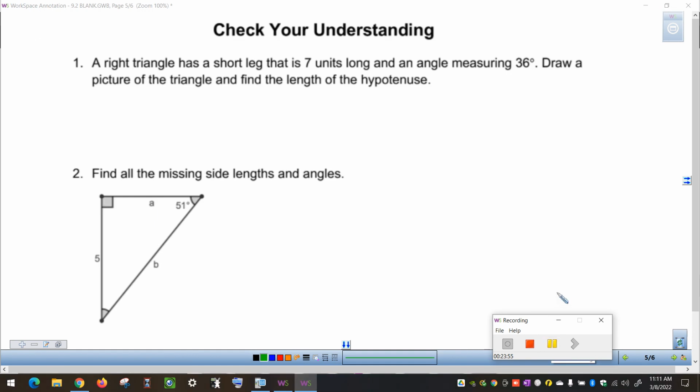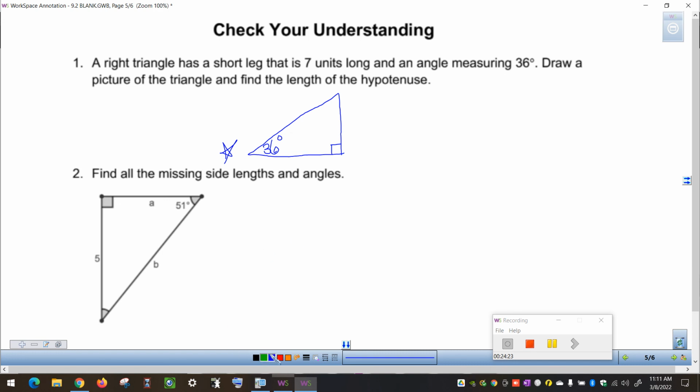All right, guys, so as you're getting started and everyone's had a chance to take a look at number one, let's just touch base real quick about this picture here. This has to do with the fact that the shortest leg of the triangle, or the shortest side, is going to be opposite the smallest angle. So when it tells us here that our angle is 36 degrees, that's going to be the smallest angle of the three.